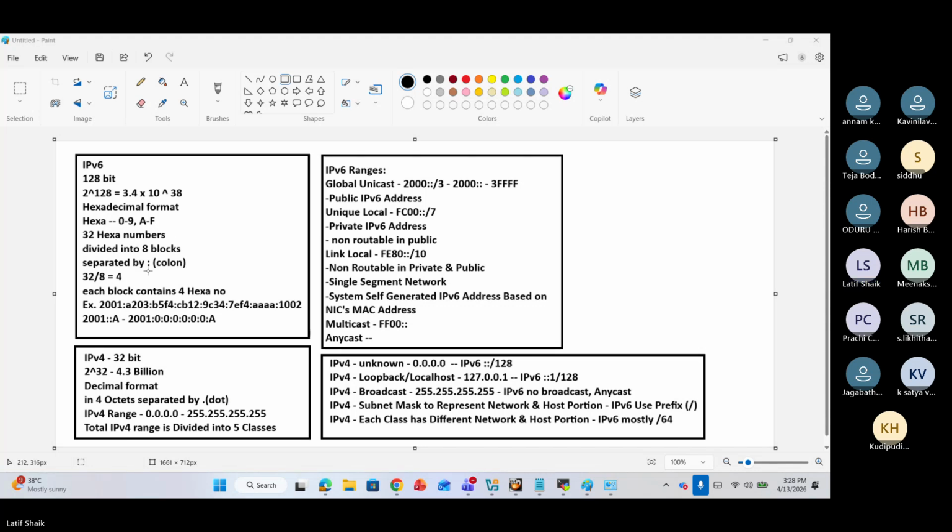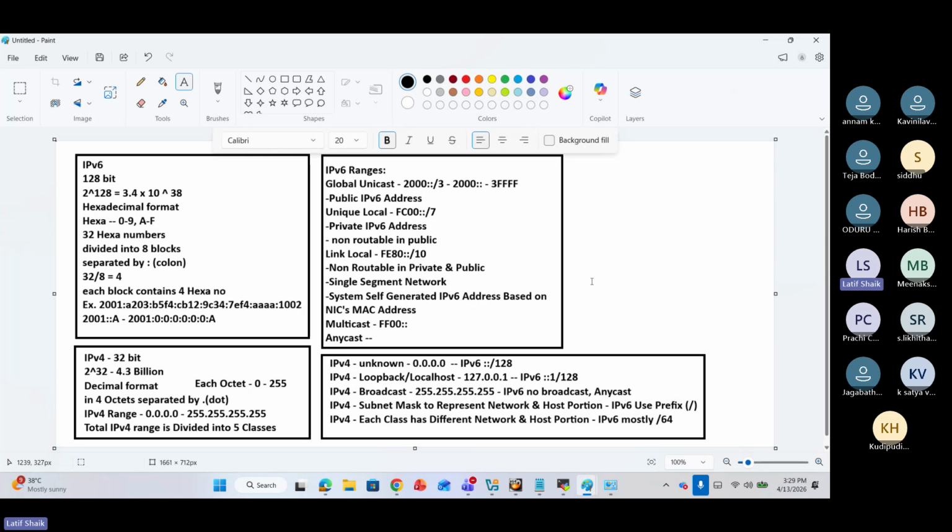I also have to add that each octet ranges from 0 to 255. We have 4 octets separated by dot.